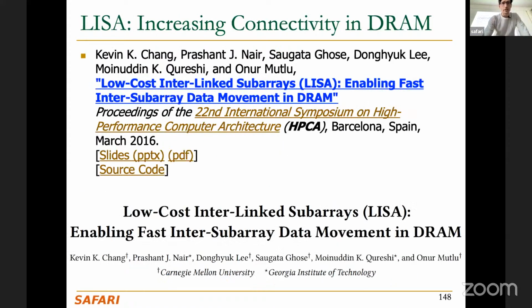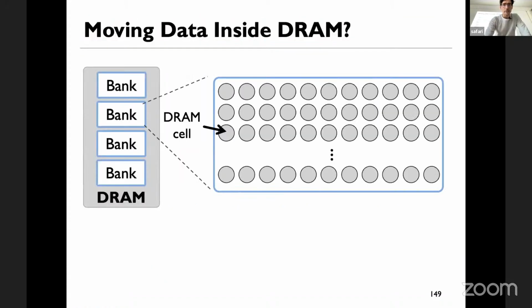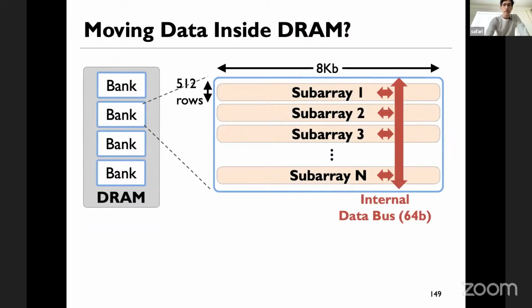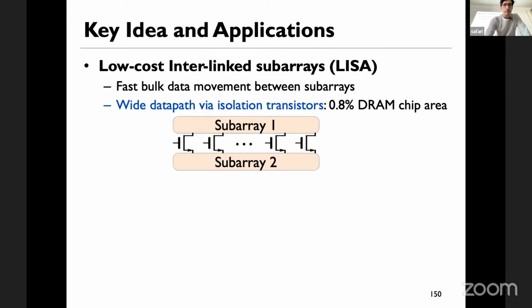Just to give you an example of these different works, what LISA basically proposes is to connect different DRAM subarrays using simple isolation transistors that connect the bit lines from subarray 1 to subarray 2.